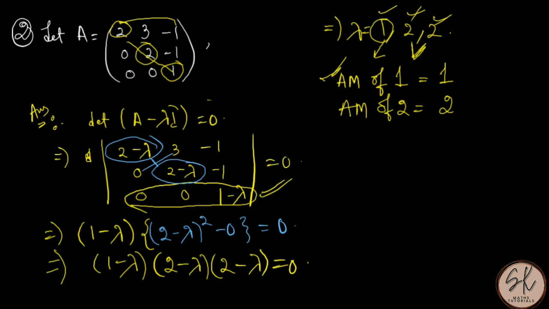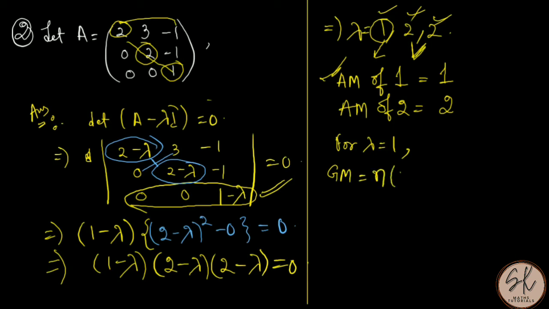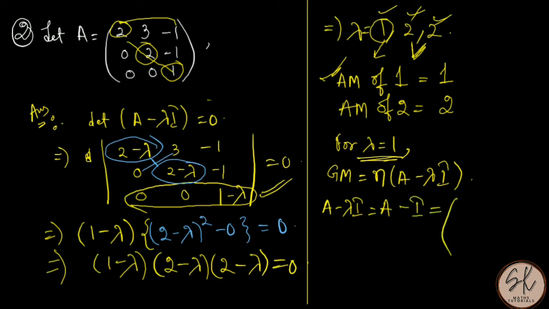Let me show this by doing it. For lambda equals 1, GM is the nullity of A minus lambda I. So first we'll find A minus lambda I. As lambda equals 1, A minus I equals 1, 3, minus 1, 0, 1, minus 1, and 0, 0, 0.